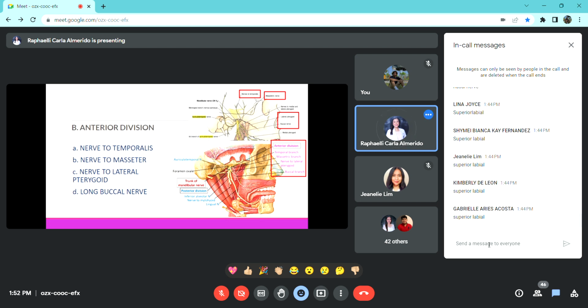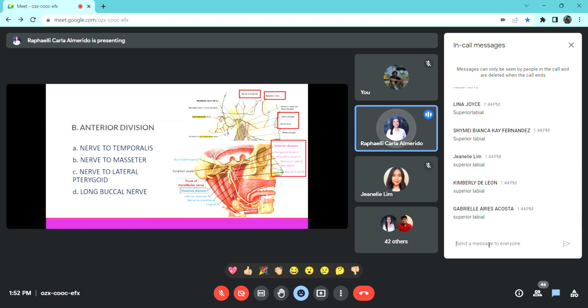For A, B, and C, you will notice these are your muscles of mastication. What is lacking there is the internal pterygoid or medial pterygoid, which is considered an undivided nerve, as we said earlier. So let's look at them.